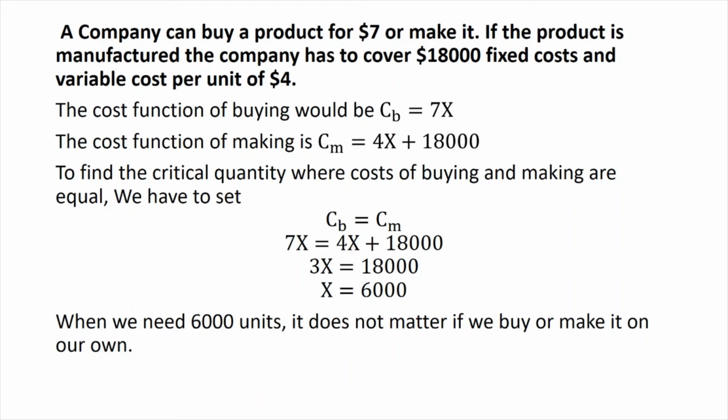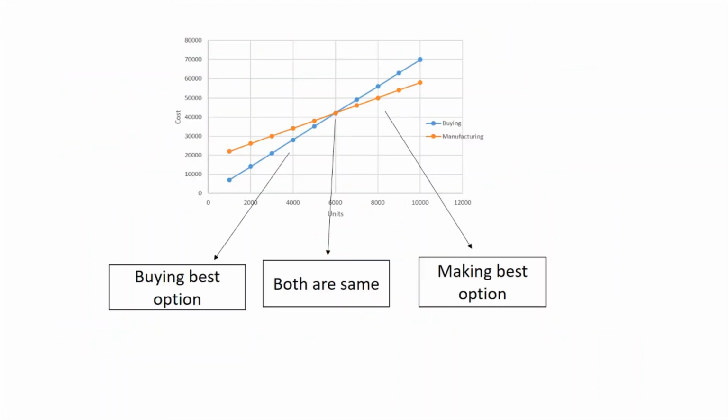Here 18,000 is the fixed cost and x is the units of the product. To find the critical quantity where the cost of buying and making are equal, we set CB equal to CM. Here CB is the cost function of buying and CM is the cost function of making. We will need 6,000 units, and it does not matter whether we buy or make.